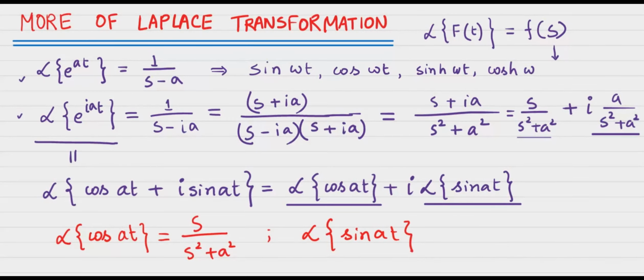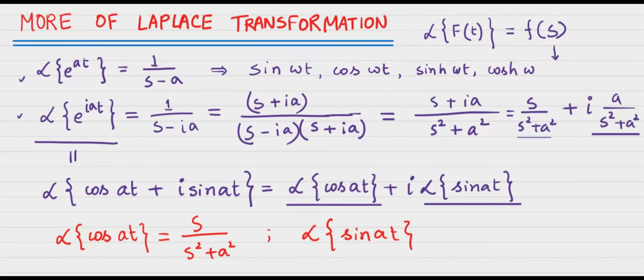We know the Laplace transformation of e to the power at is given by 1 over s minus a. But sine hyperbolic of at is equal to e to the power at minus e to the power minus at, divided by 2.